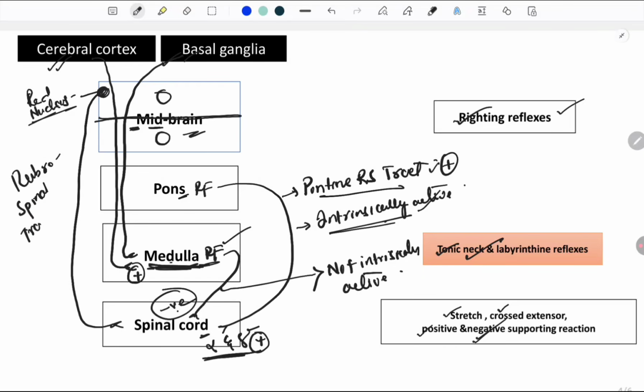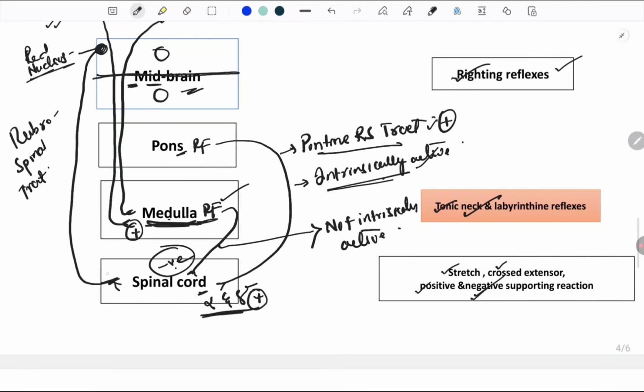Rubrospinal tract. Now, this tract descends to the spinal cord, where it again influences our alpha and gamma motor neurons. But what it is doing is facilitating the flexor muscles and inhibiting the extensor muscles. Very, very important point to remember.